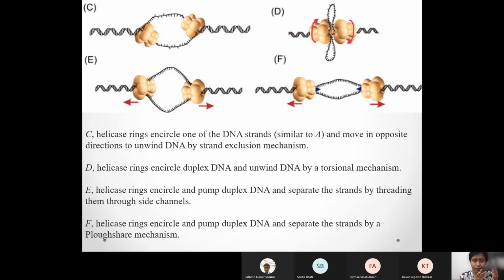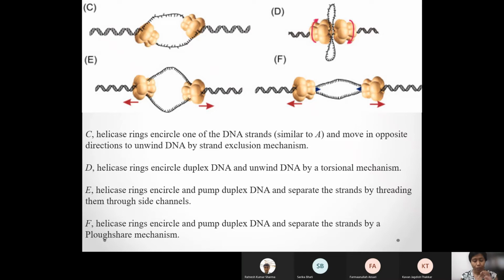So the helicase could be loaded onto the double-stranded DNA in this kind of hexameric arrangement, or it could be loaded on the single-stranded structures. It could be pulling the DNA into it and releasing the single-stranded DNA.